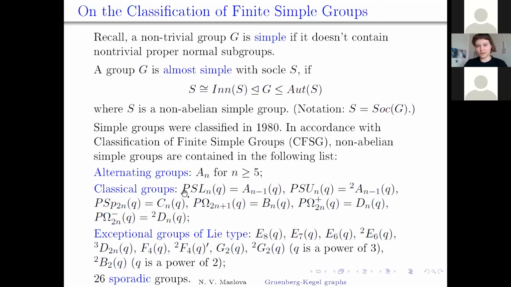They have double representations, like linear groups, like groups of matrices, or like groups of Lie type of unbounded ranks, or 10 series of exceptional groups of Lie type. These are groups of Lie type of bounded ranks, or 26 sporadic groups, well-known sporadic groups.